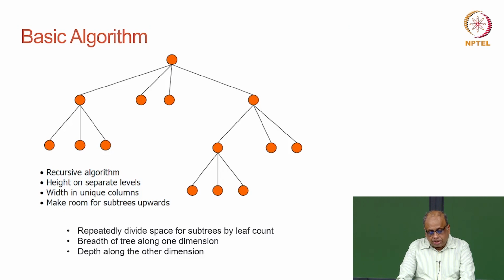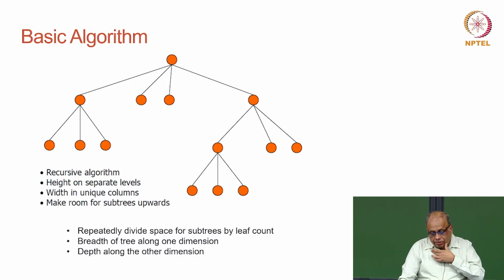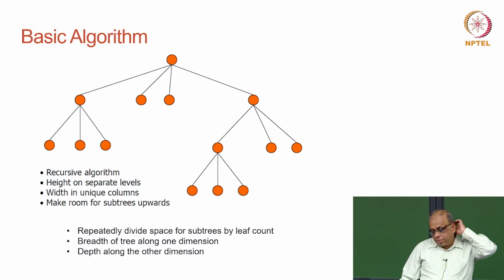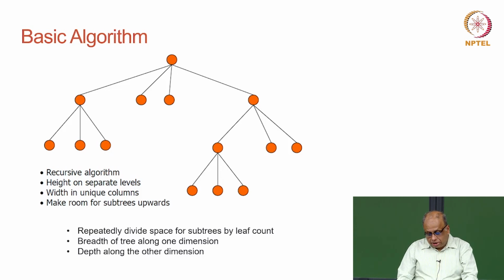Each level can have a height, and you repeatedly divide the space for subtrees by leaf count. So if a subtree has a lot of nodes, then you will have more space for it. If a subtree has a minimal number of nodes, you will have less space for it. For example, this has only one node in the subtree, so for the second one, you will keep very little space. Okay.